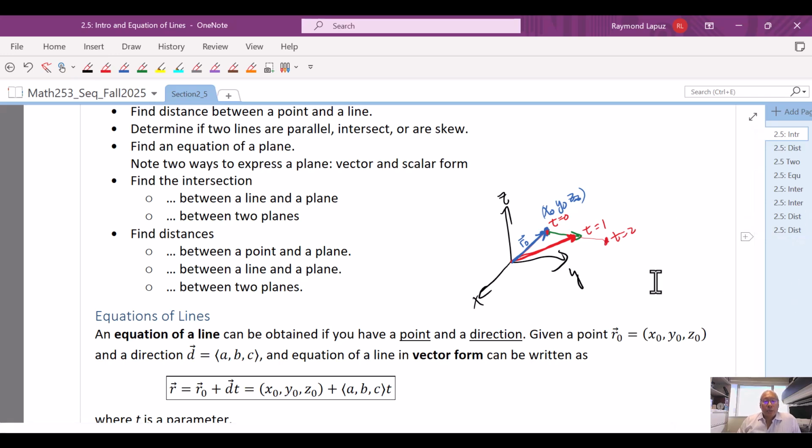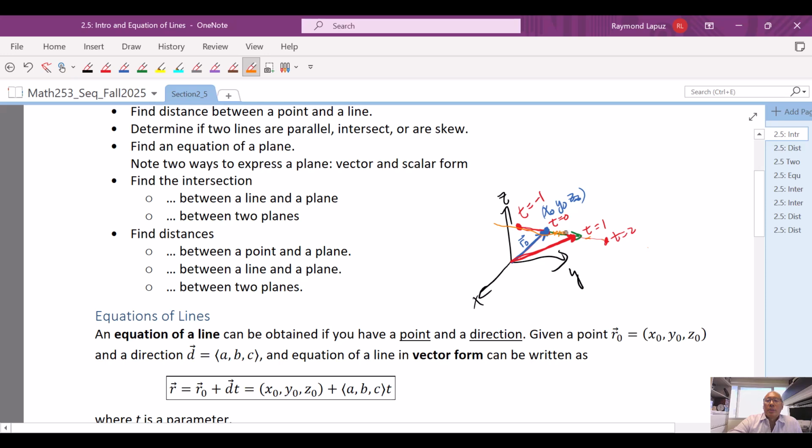And if t was -1, then it's going to be x naught, y naught, z naught plus the negative direction of this vector d, and then I would be at some other point over here. And of course, fractions would put you somewhere in between, and larger numbers would get you longer.